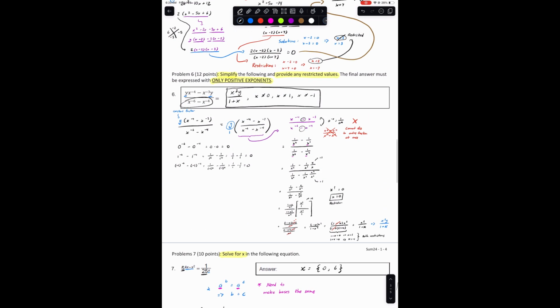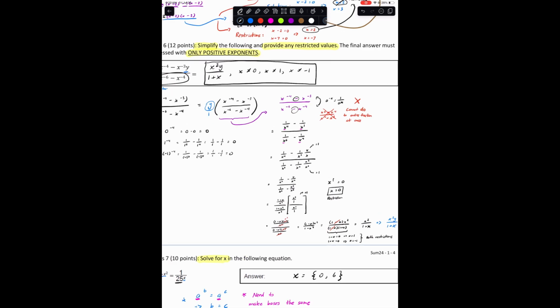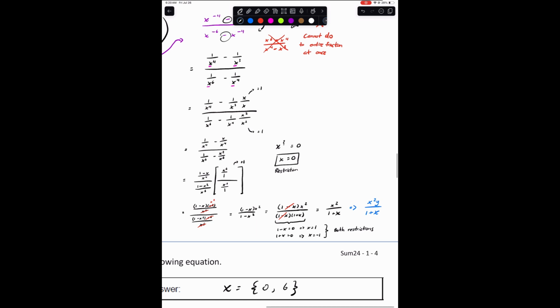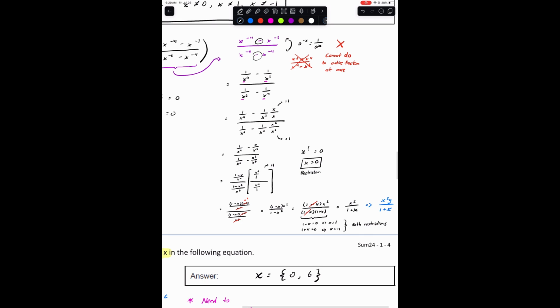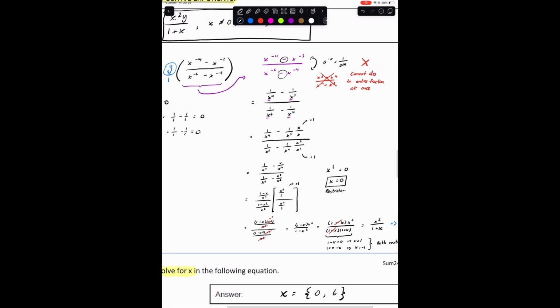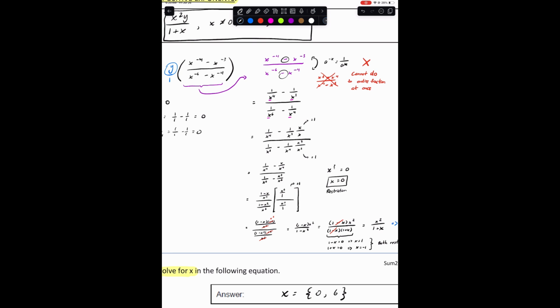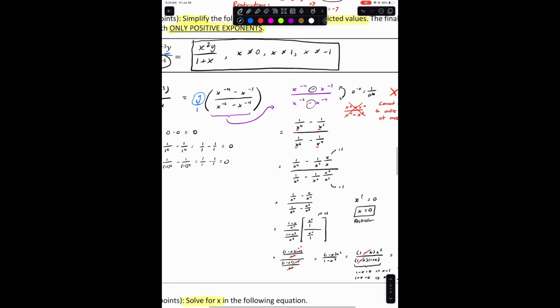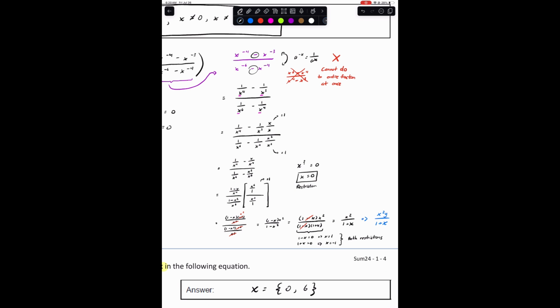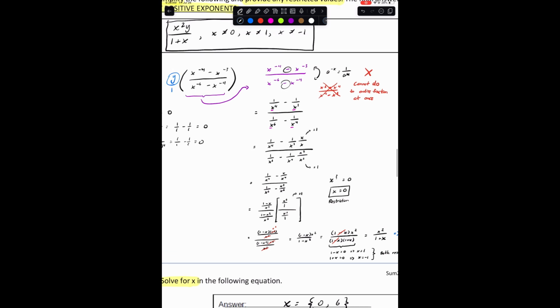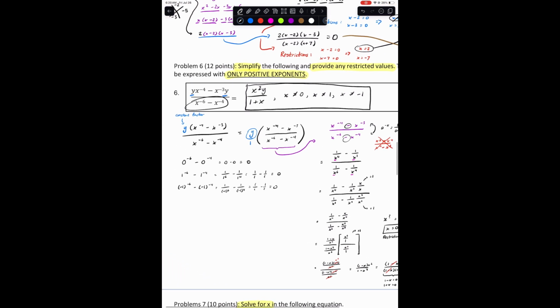Number 6 is just more exponent laws and then simplifying fractions. This is mostly algebra. I only use an exponent law once, which is to flip the x's over to avoid a negative exponent. And then restrictions: making sure you look through your work and get every single restriction, not just in the final answer, but also the initial problem and your steps.